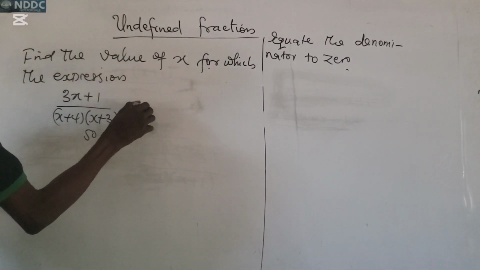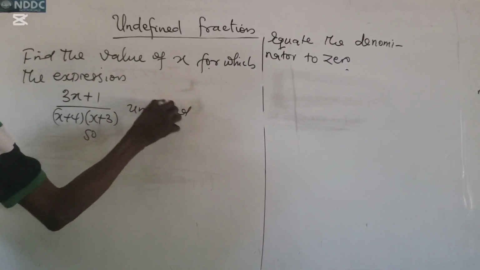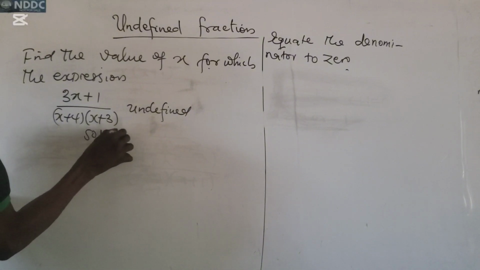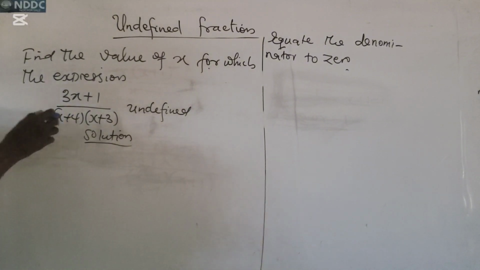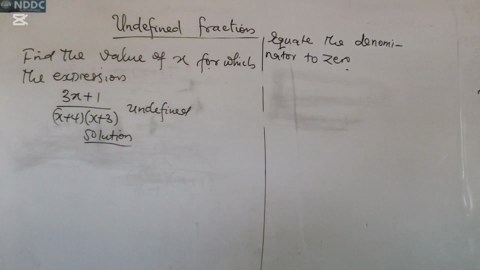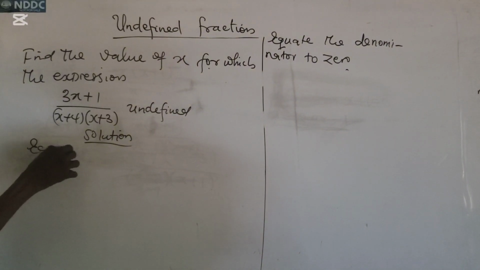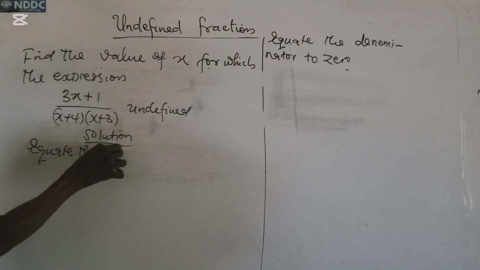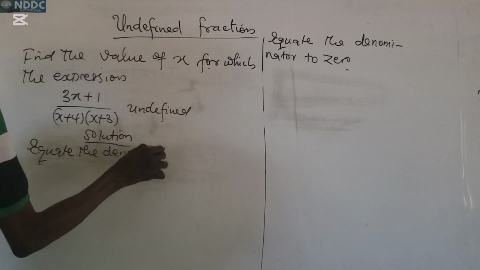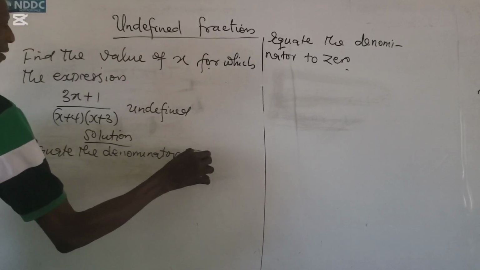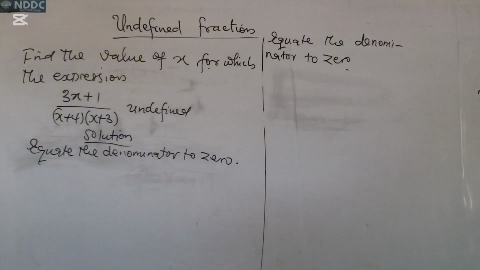Solution: if you look at both the numerator and the denominator, they don't have any common factor. That's by definition. So now I want to equate the denominator to 0.